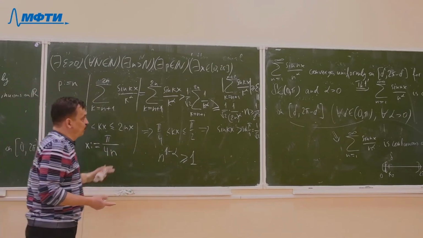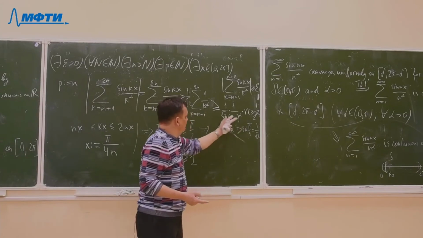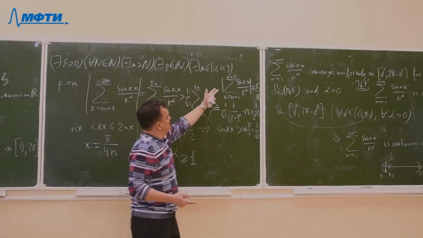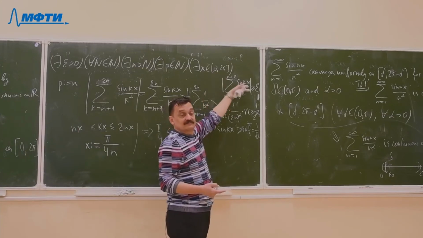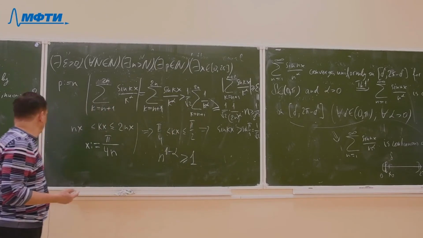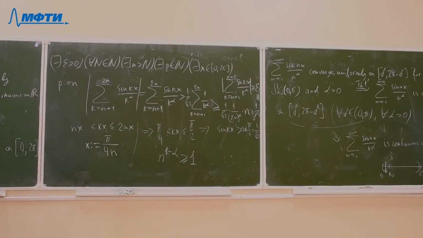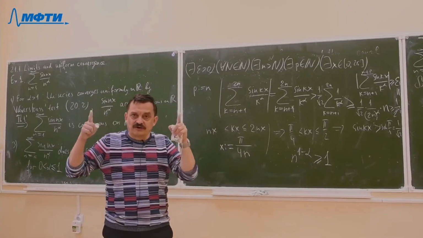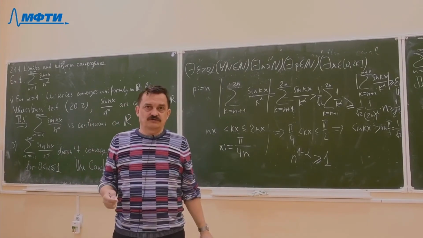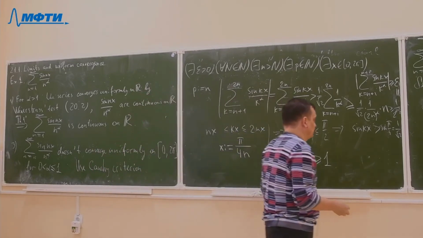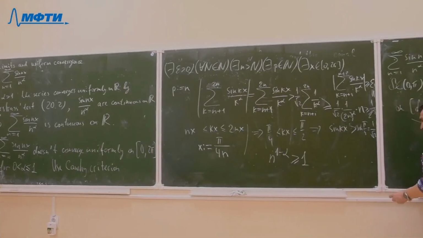But the point is that somehow we estimated the sum at a point x, and it doesn't tend to 0, and it means indeed our sum does not converge uniformly on the whole closed interval 0 to 1. That is how to deal with uniform convergence.